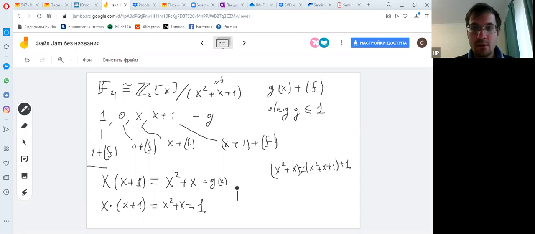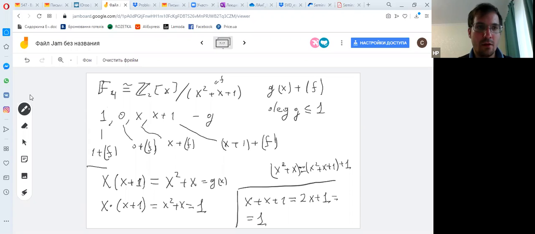If you want to add elements, then, for example, x plus (x plus 1): in the common case we get 2x plus 1, but in Z2, 2 equals 0, so this equals 1. Let me give another example. I want to multiply x plus 1 by x plus 1.